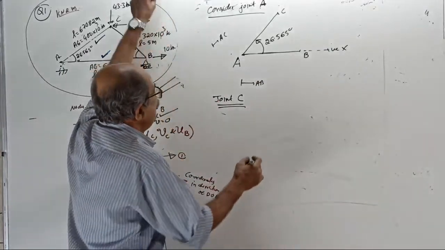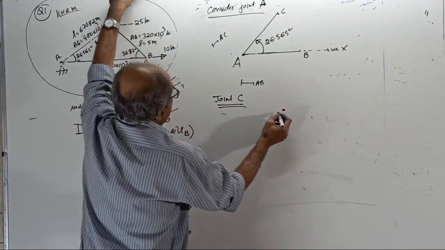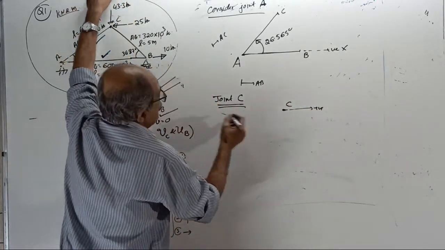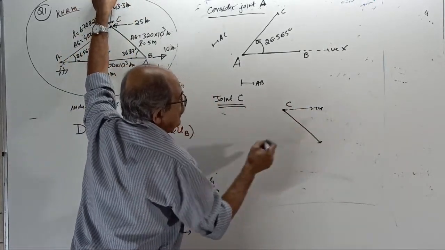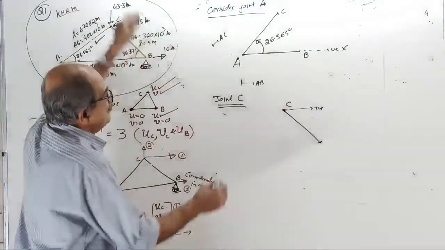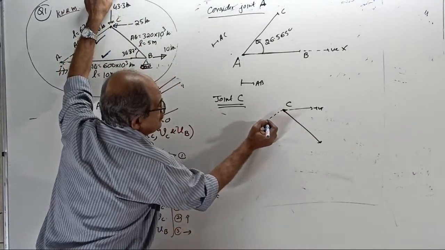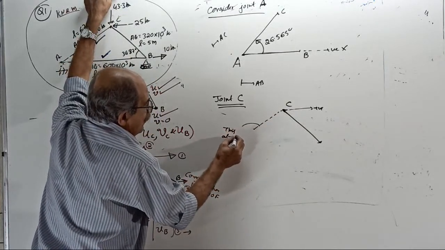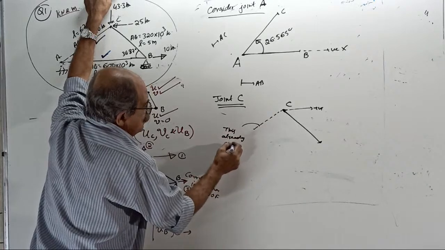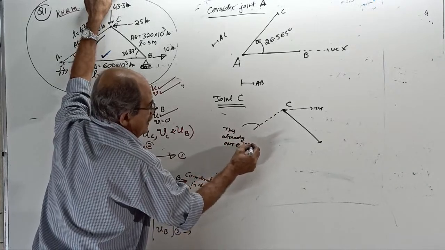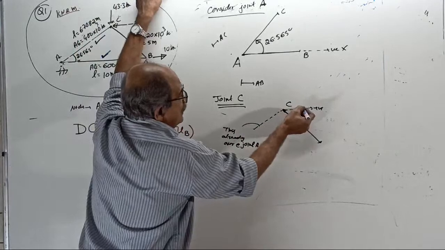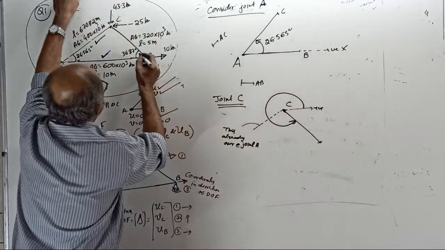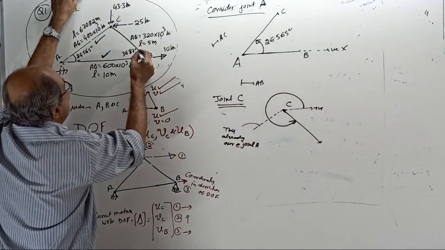So when I go to joint C, this is your positive X, and only one member remains, because the other member is already over at joint A. You need this angle, which is 36.87 degrees.